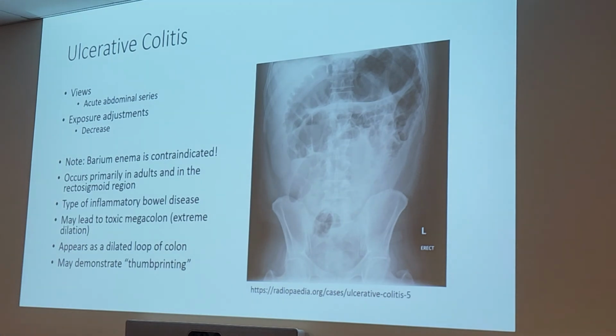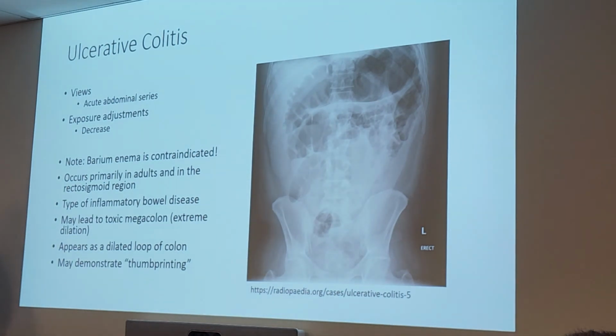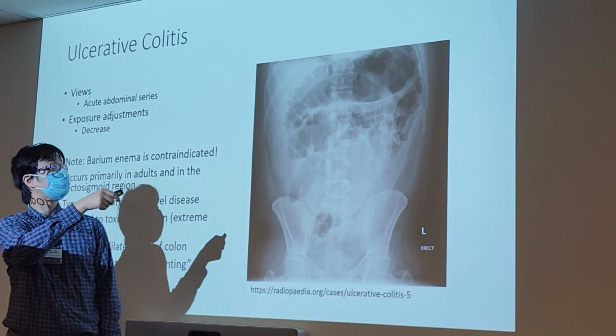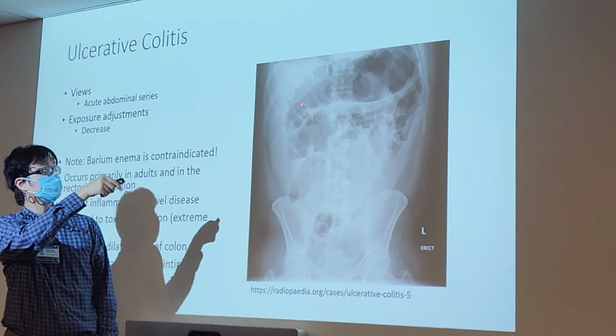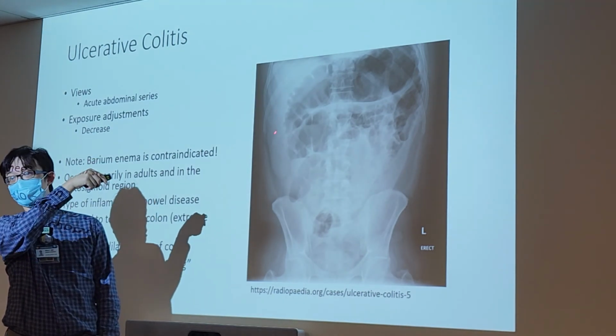And when it stretches out, you may see something called thumb printing. So if you think about your thumb, your thumb has ridges from the thumbprint, or your fingerprint. If you take a look at the edge of this colon here, do you see that right there? The folds of the colon.